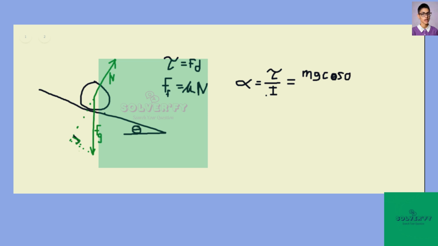It's cosine theta times mu times r, right? And then that is over m r squared.